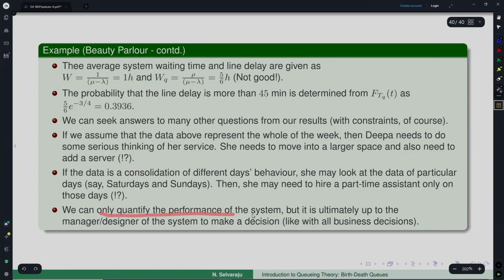We can only quantify the performance of the system through these performance measures by analyzing a queuing system, but it is up to the manager or designer of the system to make a decision, as happens in all business decisions. Our job is to quantify and tell what will happen. Suppose rho is increasing, this is what will happen.